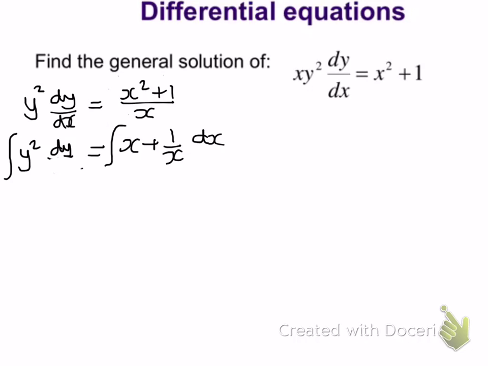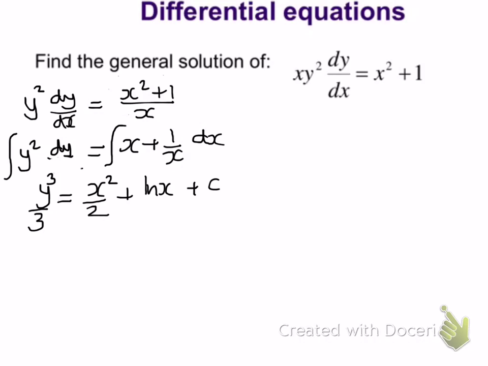Right, so integrating y squared with respect to y will give us y cubed over 3, and integrating the right hand side, the integral of x will give us x squared over 2, and the integral of 1 over x is ln x, plus our constant c.